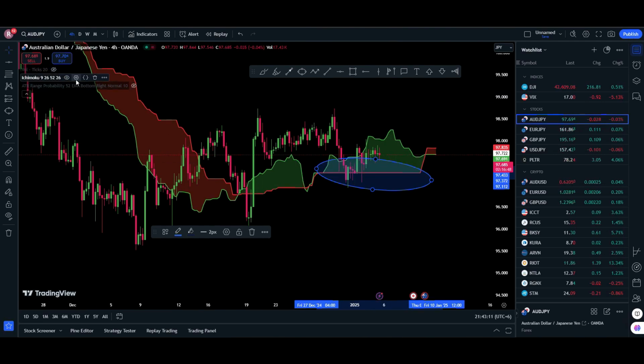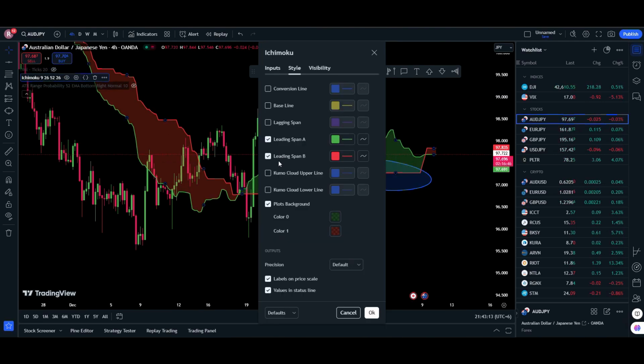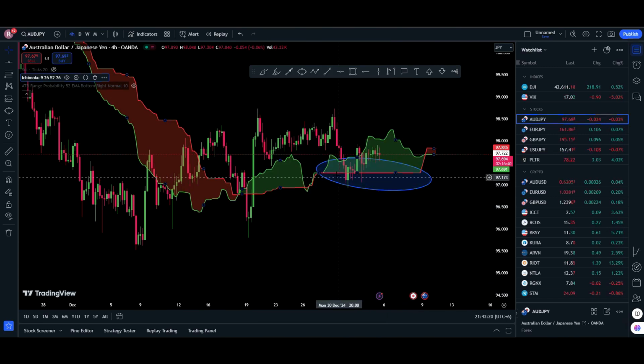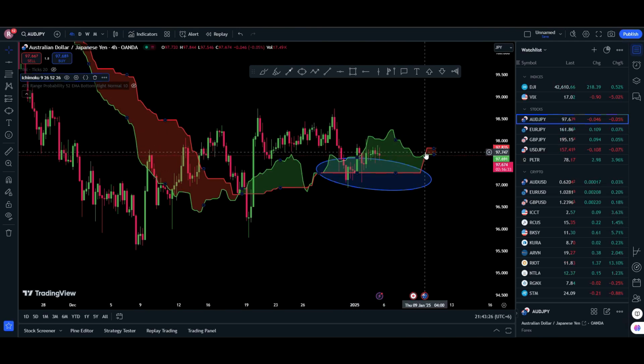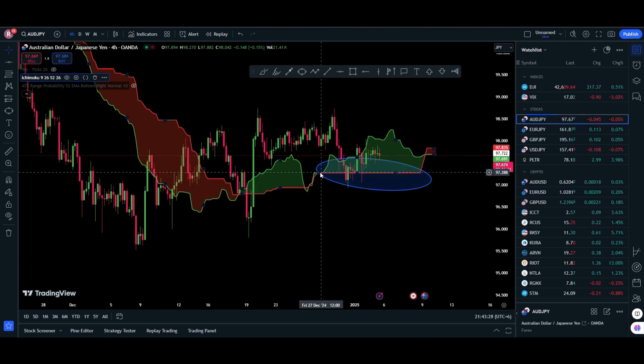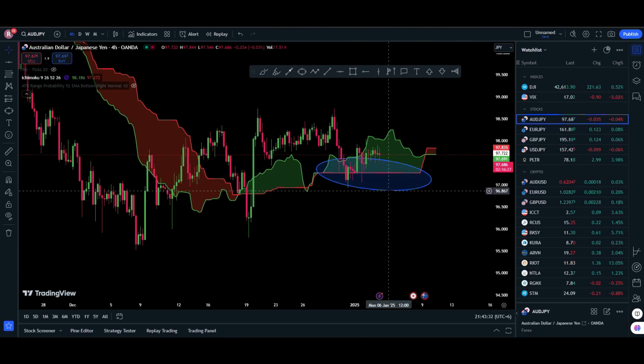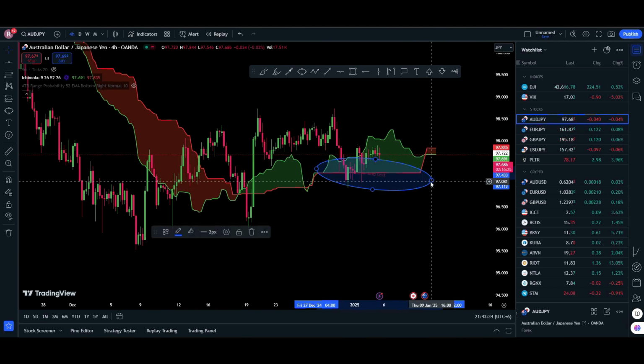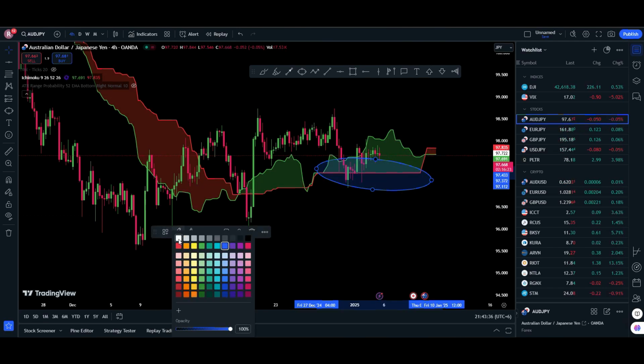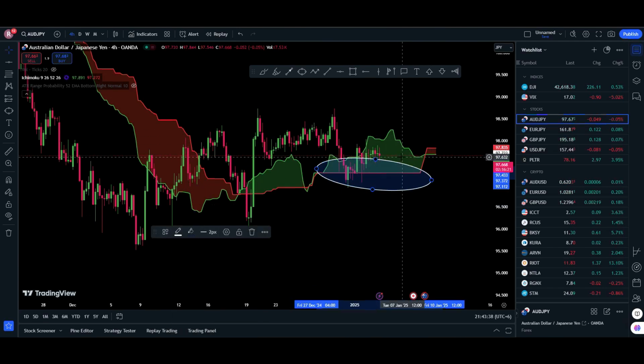By definition we call them leading span A and leading span B. This is leading span B. So this leading span B is always red and leading span A is always green here. So this red line is a very strong support in terms of the Ichimoku Cloud system.